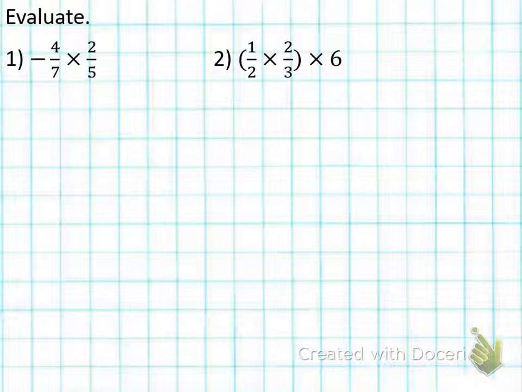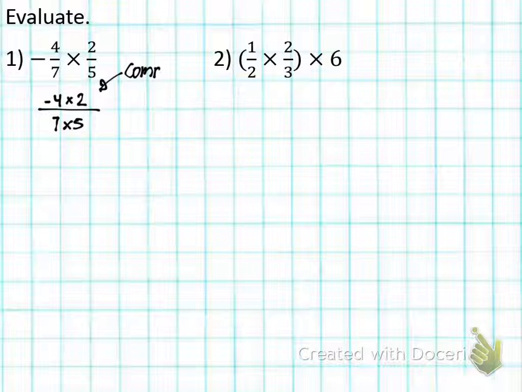Okay, so number 1, we got negative 4/7 times 2/5. Now, this might seem a little bit overwhelming for some students, but what you could do is use the commutative property and move it all together, so it could be negative 4 times 2 in the numerator over 7 times 5. What I just did is I used the commutative property of multiplication specifically.